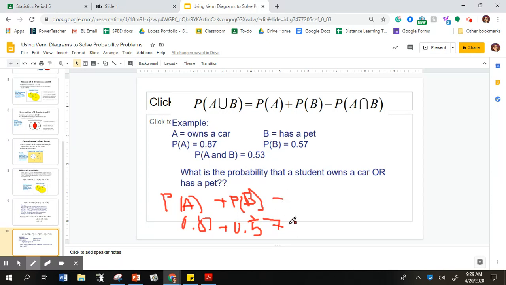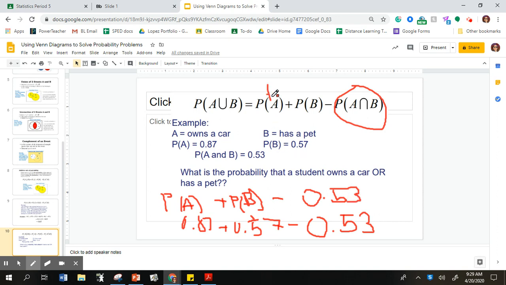So that's the big idea here: when you sometimes don't take out this extra piece, you'll get an answer that literally won't make sense. Now I have to minus 0.53 because 53% of these people have both. And that 0.53 is included inside here and here.